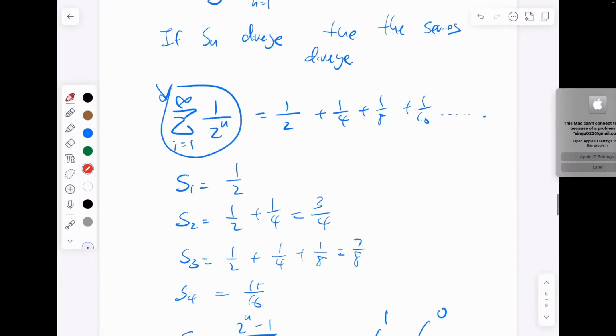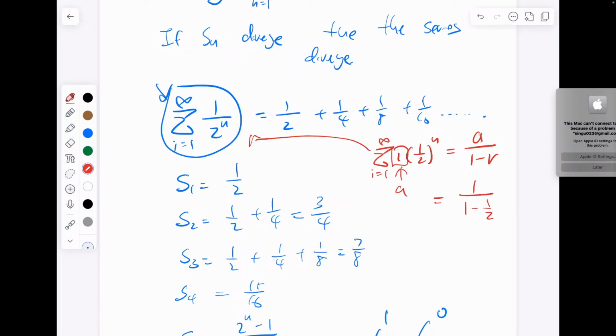The first one is going to be the summation of 1 times 1 over 2 to the n. Do you see that? Do you see this is true? Is this the same as this one, right? Now, do we remember that was a over 1 minus r, right? So what's a in this case? This is a. 1 minus r is what?